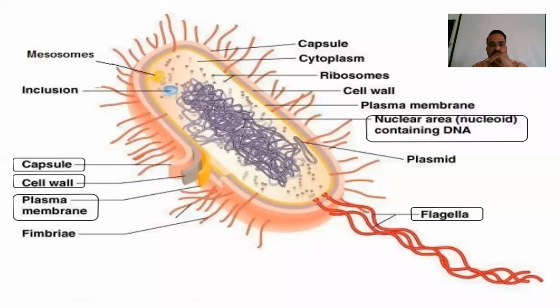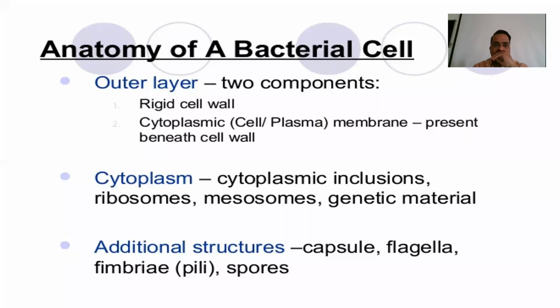Now we will move a step further and look into the anatomy of the bacterial cell, one step at a time. The first part is the outer layer of the bacterial cell. It has basically two components: a rigid cell wall and a cytoplasmic membrane present beneath the cell wall.